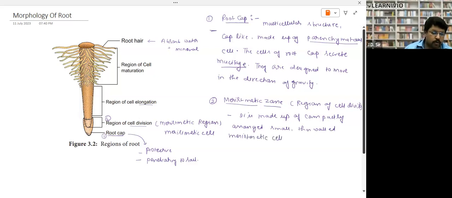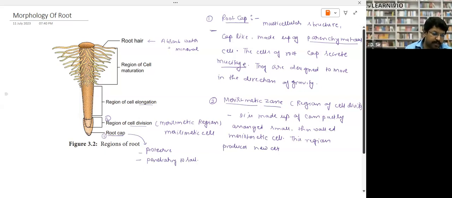I have told you multiple times that meristematic cells are those cells which keep on dividing. This region produces new cells, so they add on new cells.